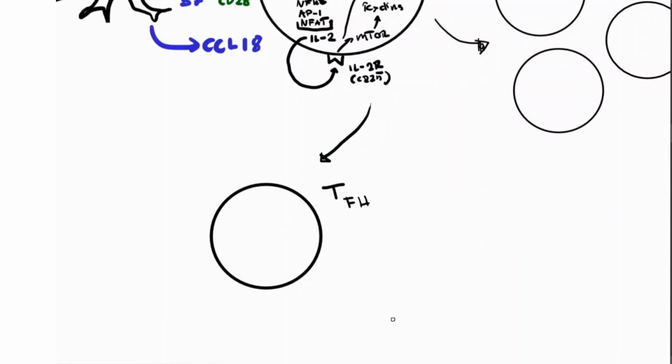They will migrate towards the B cells, where they will provide help with high affinity antibody production, and kind of helps form a robust memory B cell response as well. So we get memory B cells. You don't really get that without these cells here.